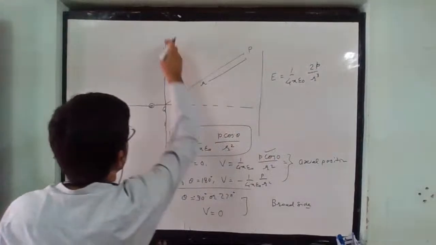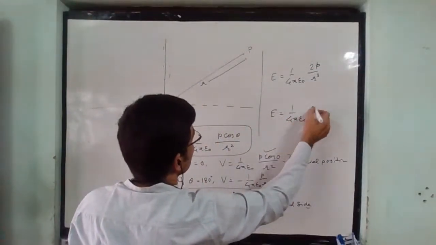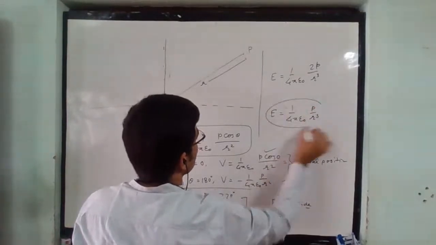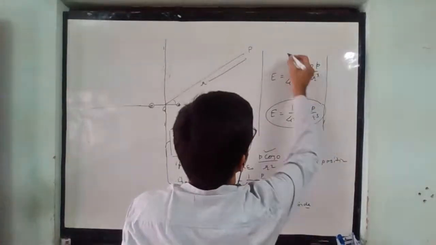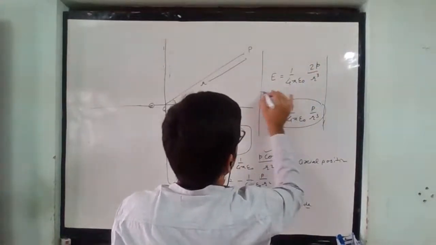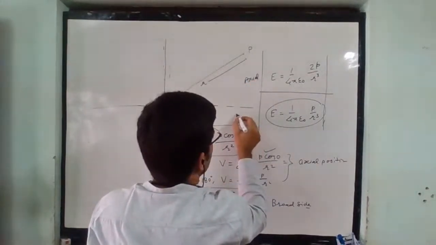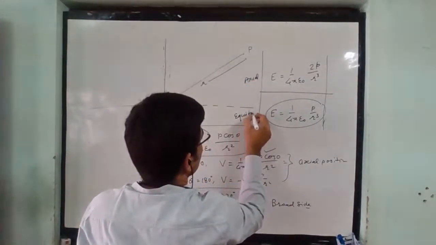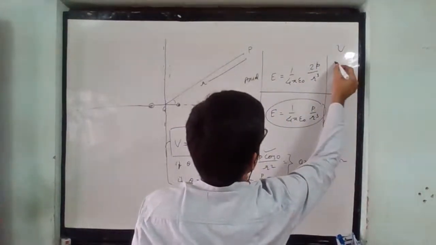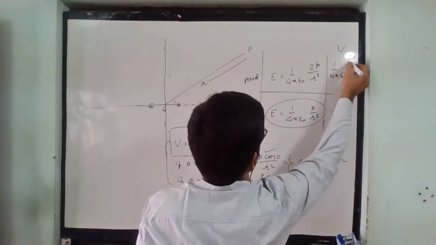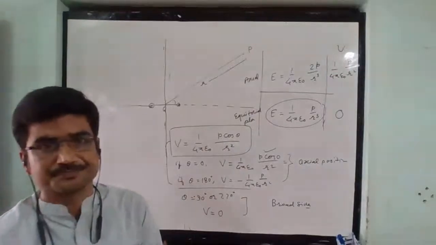In the broadside on position, the electric field is 1 upon 4 pi epsilon naught P by r cube. But the potential is 0. Here in the axial position the potential is 1 upon 4 pi epsilon naught P by r square, and in the broadside on, also called the equatorial plane, the potential is 0.